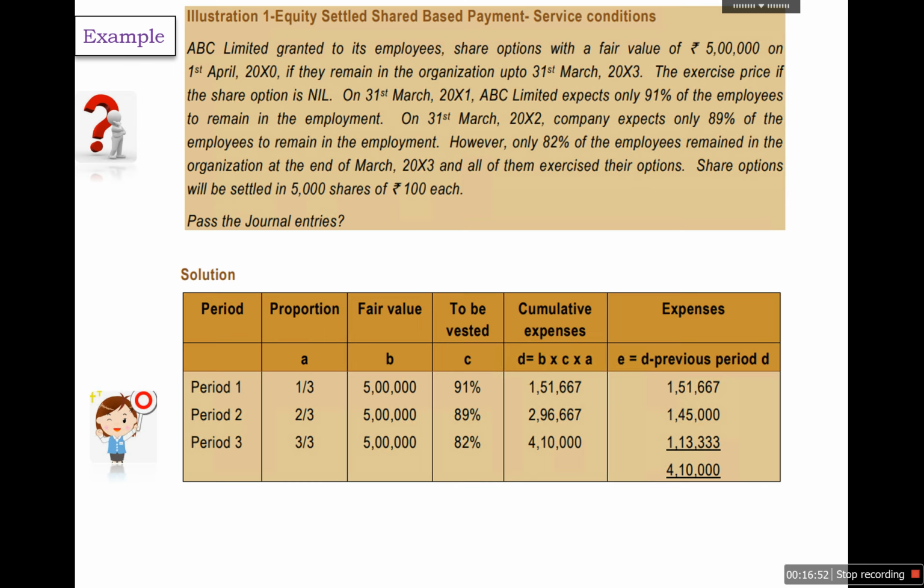On March X1, ABC Limited expected only 91% of the employees to remain in employment. On March X2, the company expects that only 89% of the employees will remain in employment. However, only 82% of the employees remained in the organization at the end of X3. All of them exercised their options. Share options will be settled in 5,000 shares of 100 each. So the number of shares is fixed.